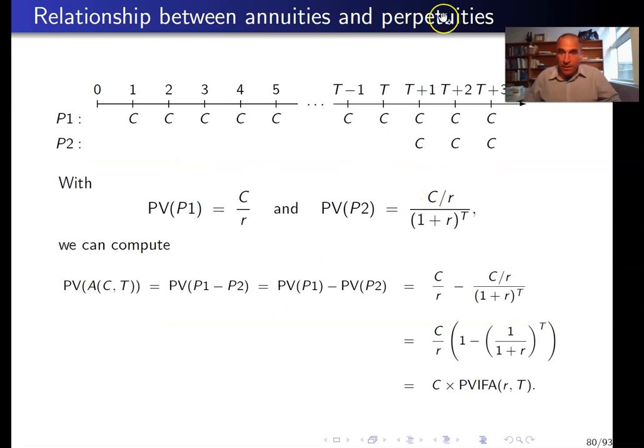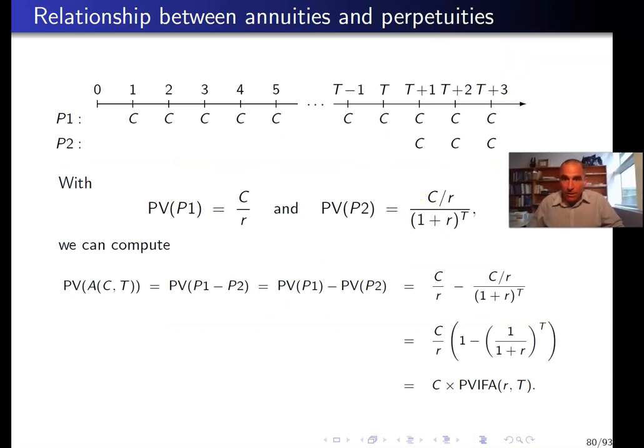And if we say that the present value of an annuity making T payments of C over the next T years is equal to the present value of P1 minus the present value of P2, that means the present value of such an annuity is equal to C divided by r minus C divided by r discounted over T years.